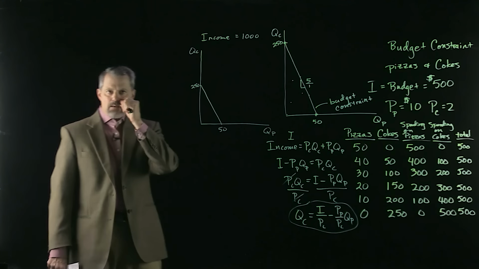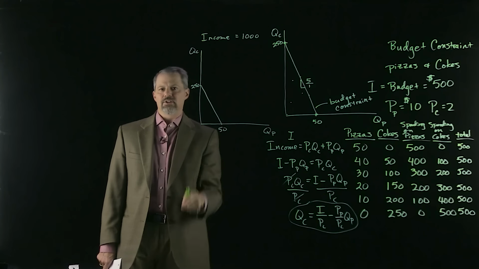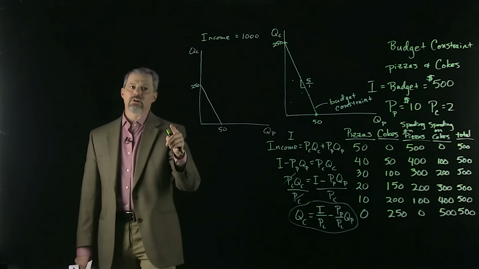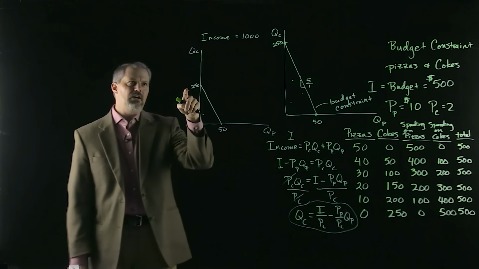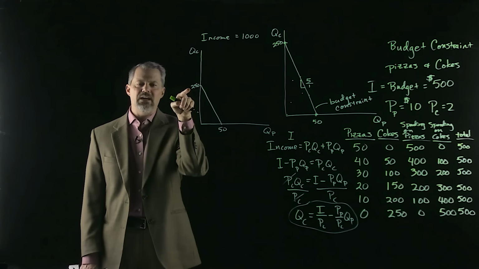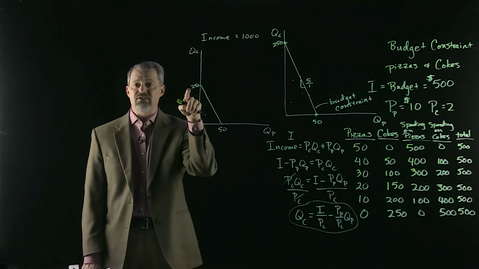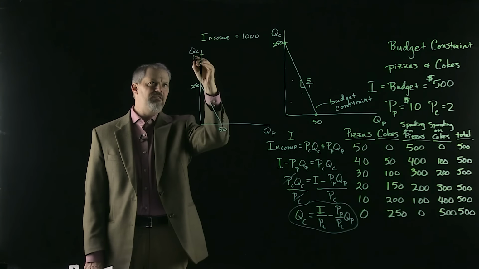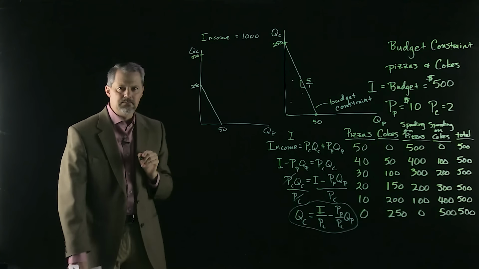Let's think about what happens if now instead of $500, we've got $1,000. Well, that means if we were to spend all of our money on Cokes, instead of just being able to buy 250, we'd be able to buy twice as many because we have twice as much income. So we would be able to buy 500 instead of 250.